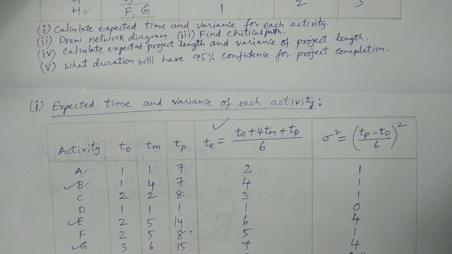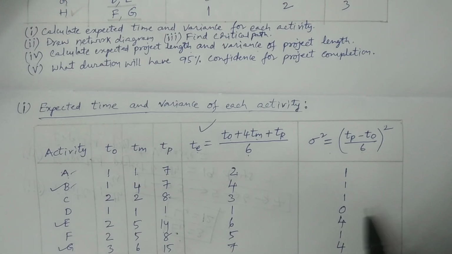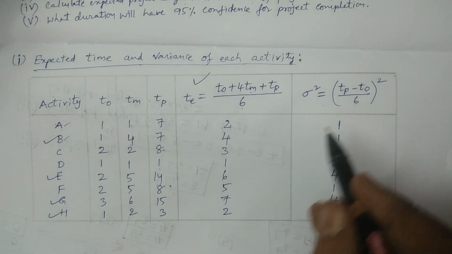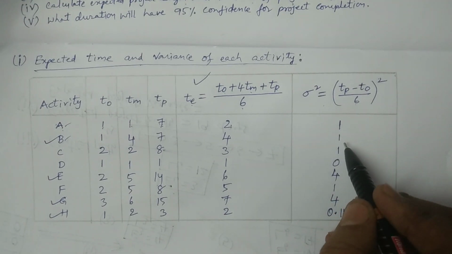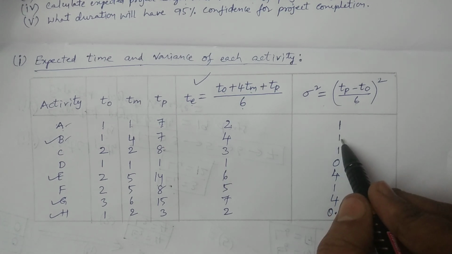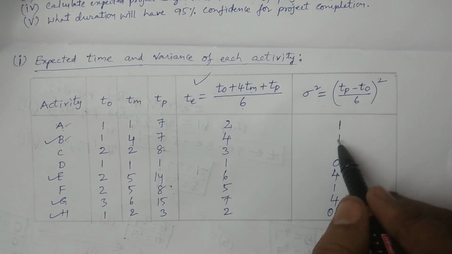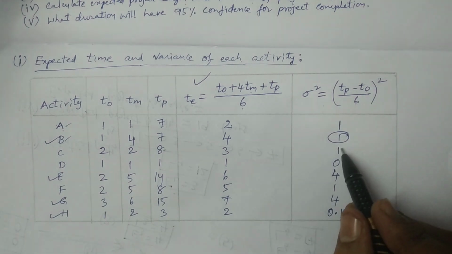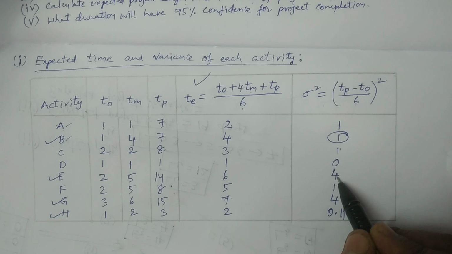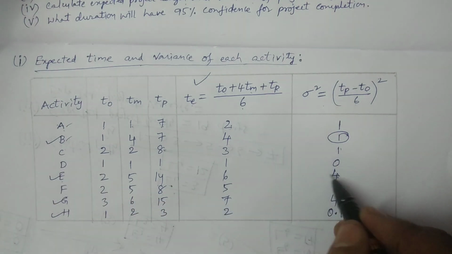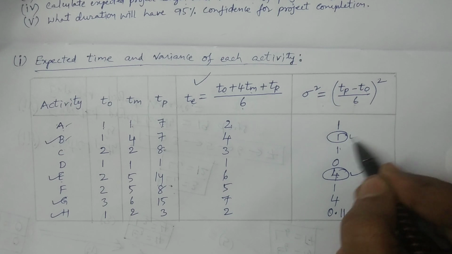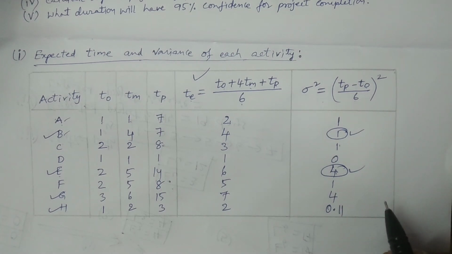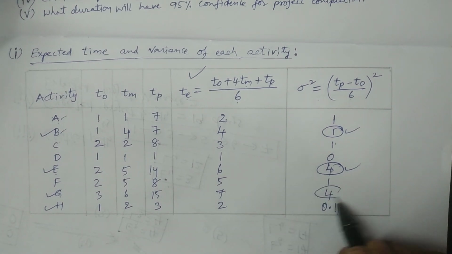For these critical activities, you have to consider the variance. Observe here the variance for each activity; it is not given, we have calculated it. For B, this is the variance, 1. For E, it is 4, and for activity G, 4, and for activity H it is 0.11.